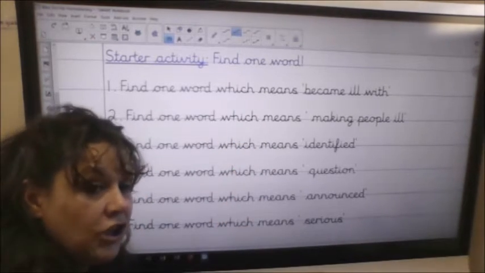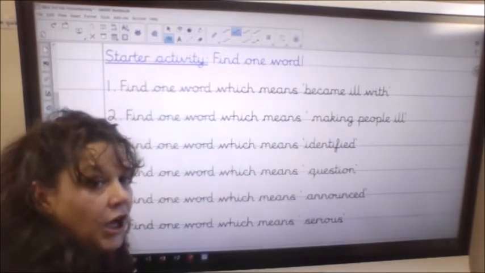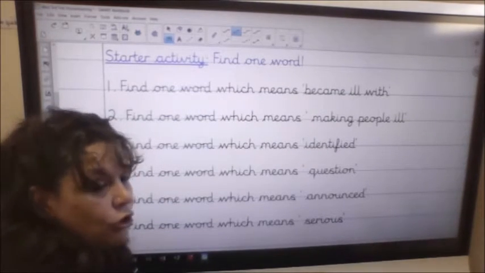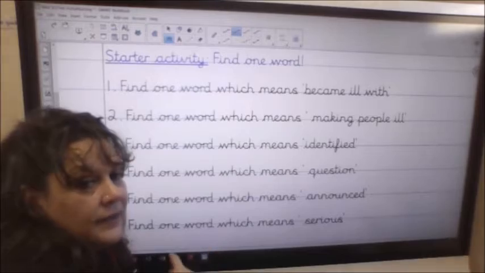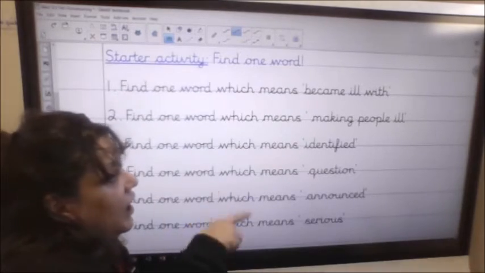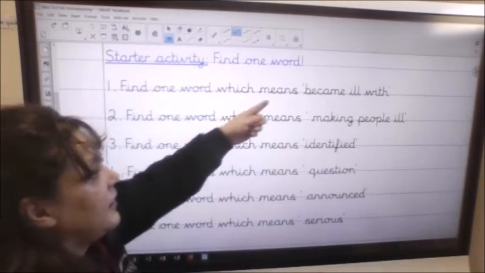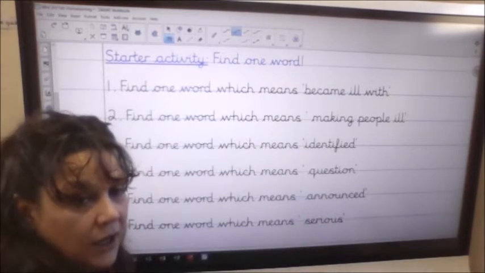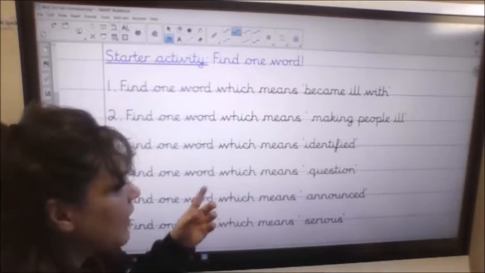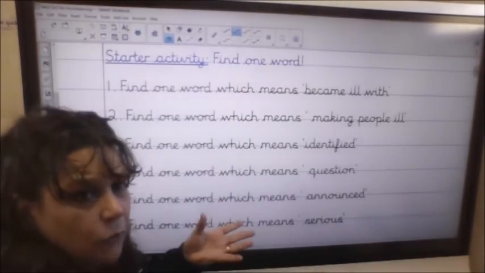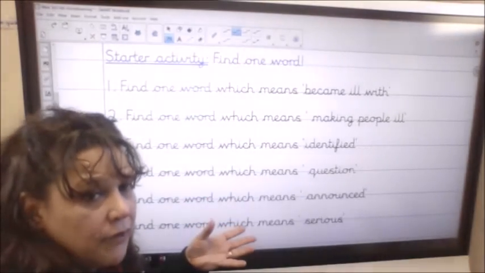Now, you may need to use an online dictionary so that you can look at the words you've underlined and see if you can match them up with the definitions that you've been given here. Okay. And do that. It's the way that you broaden your vocabulary.